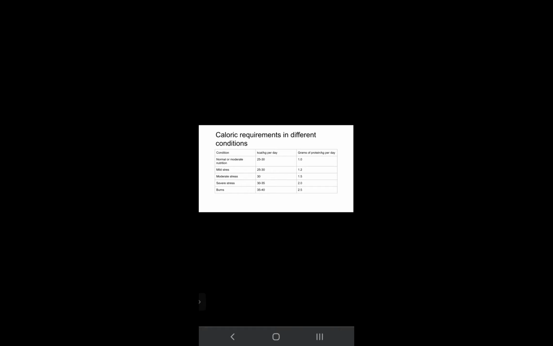That is fixed. So 1.5 gram per kg means for a 50 kg patient, he needs 75 grams of protein daily. Now, 75 grams of protein will be multiplied by 4 because 1 gram gives 4 kilocalories. So he will get 300 kilocalories from proteins.